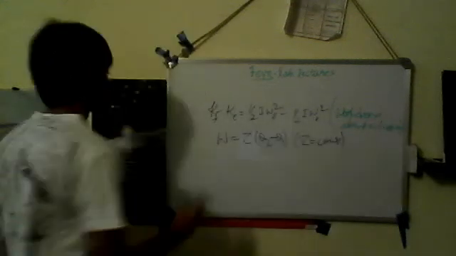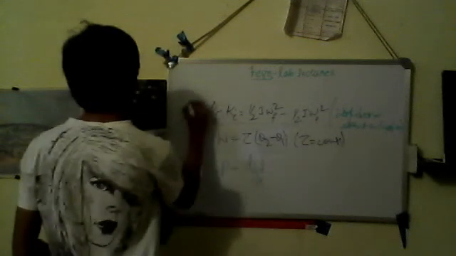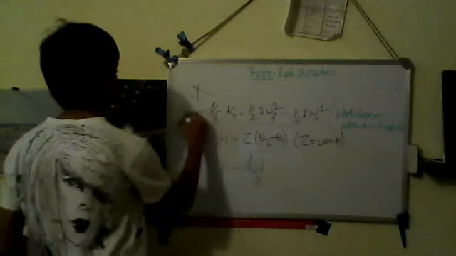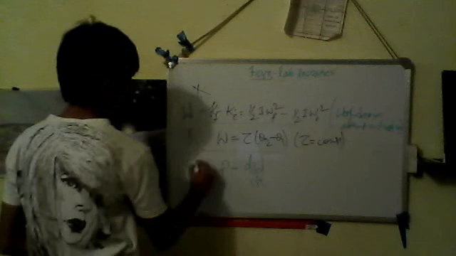Power can be written as dW by dt, where W is either this or this work. So these are the three important formulas one should remember, and this gives you the power and so on.